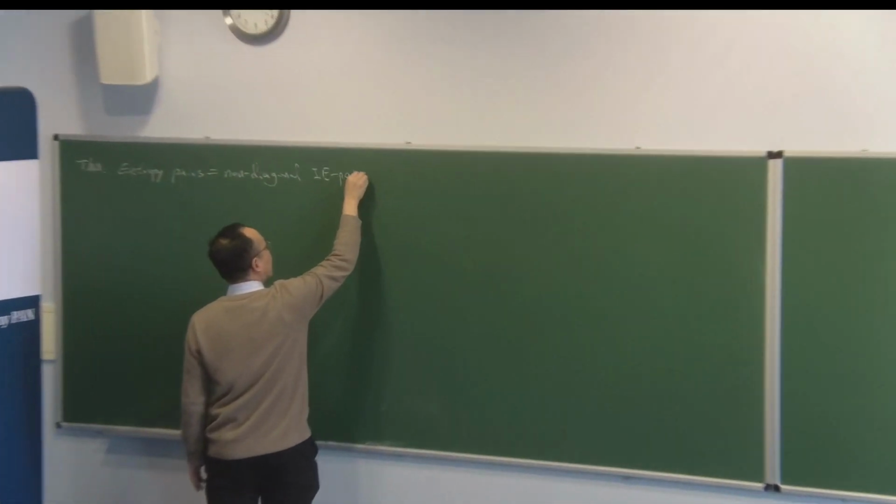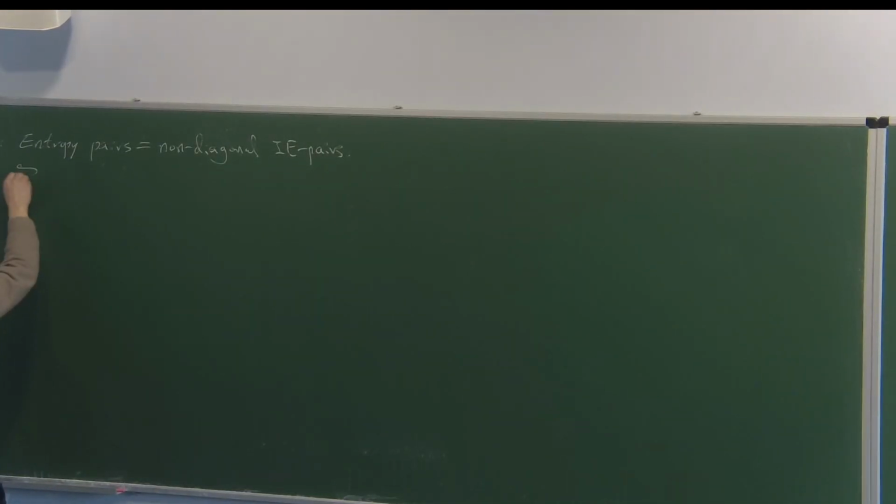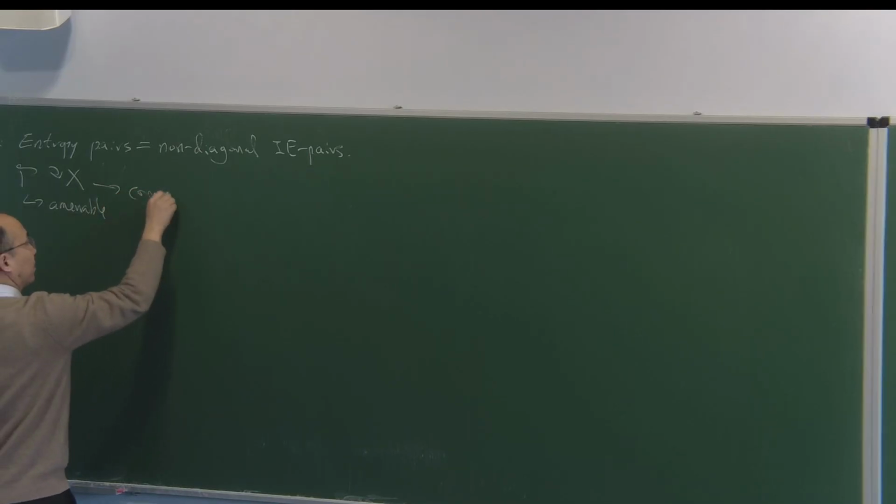The setting is that we have a group Gamma acting on X, where Gamma is countable and X is compact metrizable.